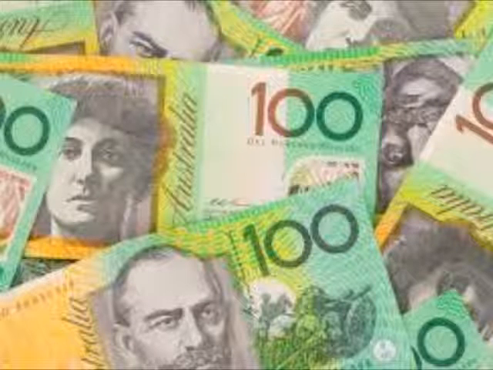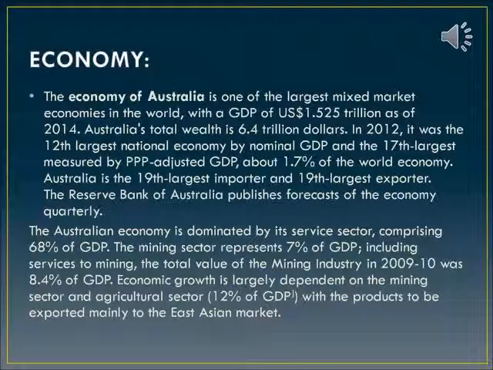The economy of Australia is one of the largest market economies in the world, with a GDP of US $1.525 trillion as of 2014. Australia's total wealth is at $6.4 trillion.